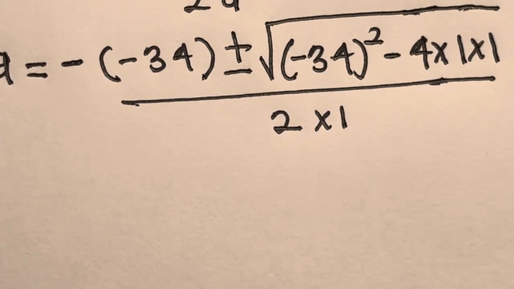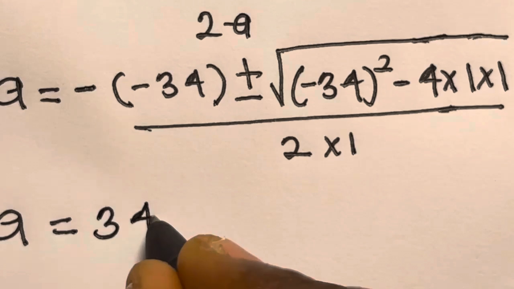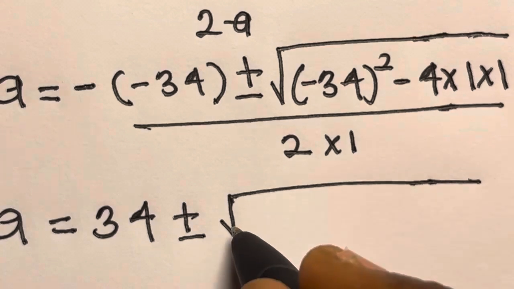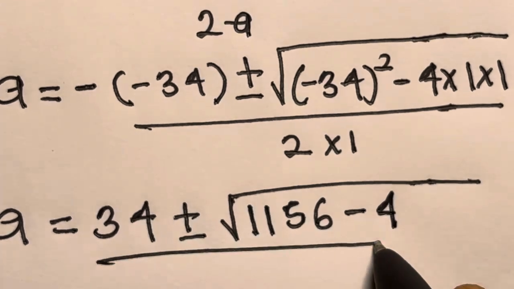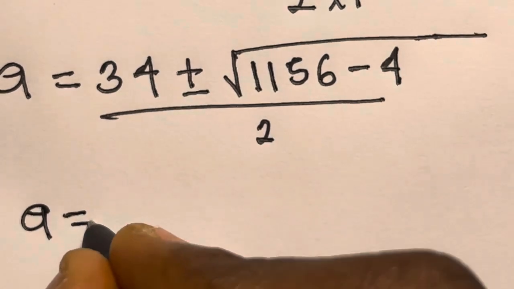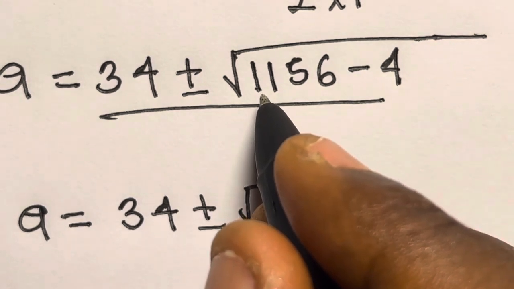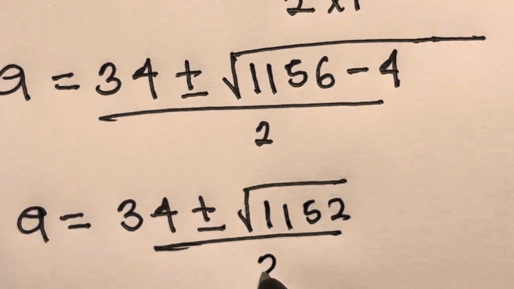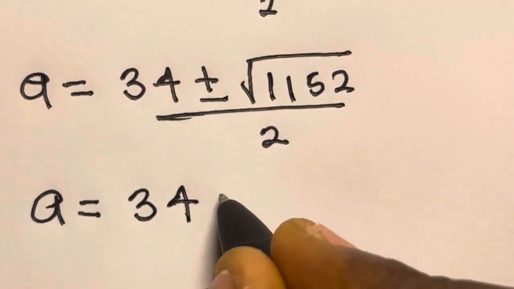So we have a equals plus 34 plus or minus square root of 1156 minus 4, divided by 2. Solving this further, 1156 minus 4 gives us 1152, so a equals 34 plus or minus square root of 1152 divided by 2.